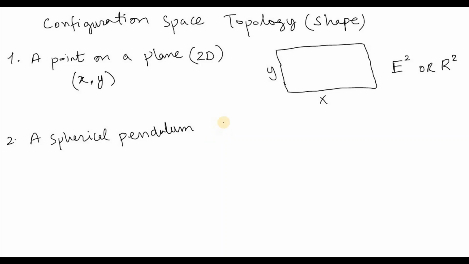A spherical pendulum looks like a pendulum that moves over a surface like a sphere, and it can move around, and this can be represented by two angles, longitude and latitude.